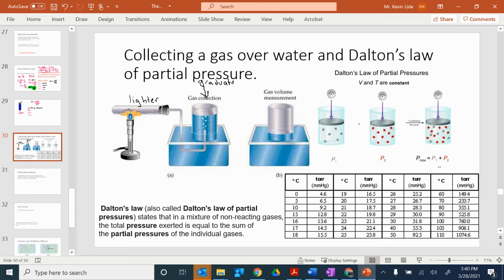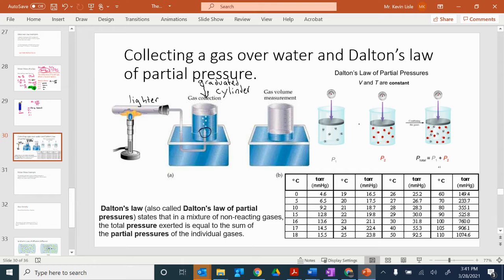We place the graduated cylinder into a tank of water and fill it completely with water. Afterwards, we place our lighter underneath, like this tube right here.